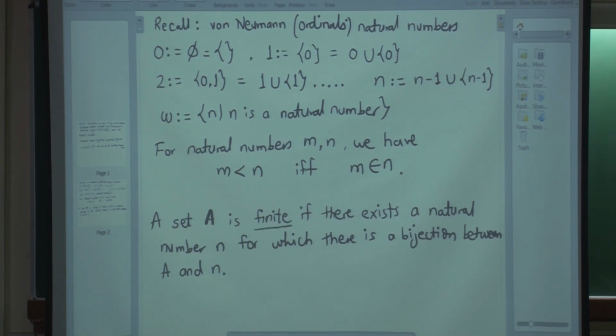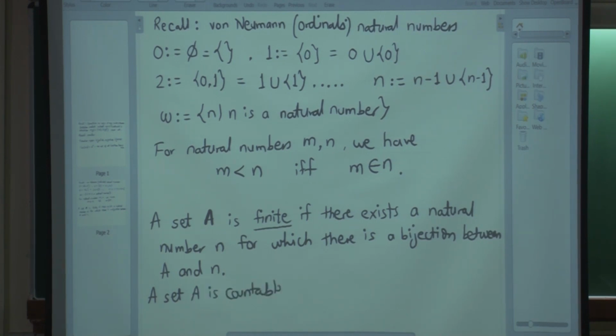Okay, so this is the definition of finite, and the set A is countable if, do you want to complete this definition? If there exists a bijection between some subset of omega and A, if there exists an injective function from A to omega.